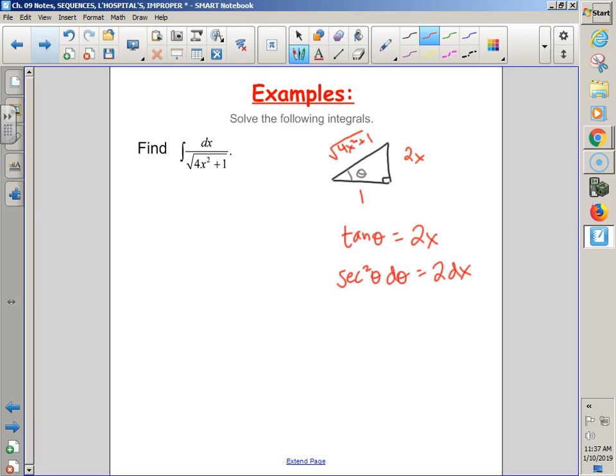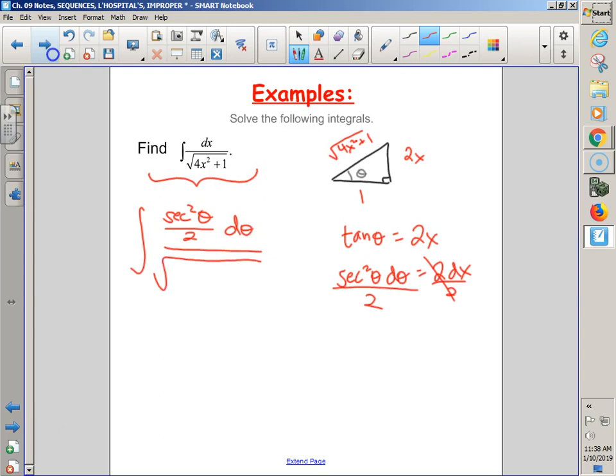Could I go ahead and come over here? And even though I'm not able to strictly take out the algebraic and put in the trigonometric, I could take out the dx and make it secant squared theta all over 2 d theta, and then I could plug in the tangent for x. Well, tangent's 2x, lo siento.